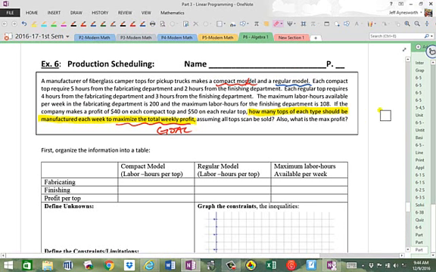All right, so let's define some unknowns and fill out the table. Now, we don't know the number of each compact and regular model, so we start with a variable.